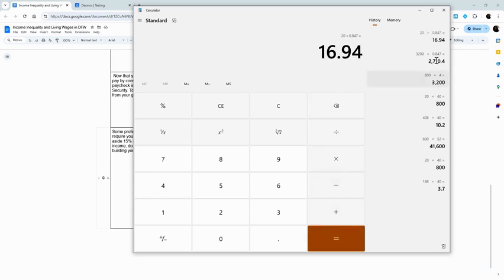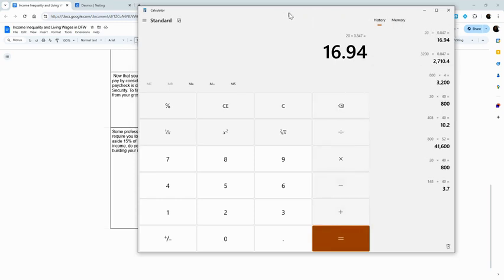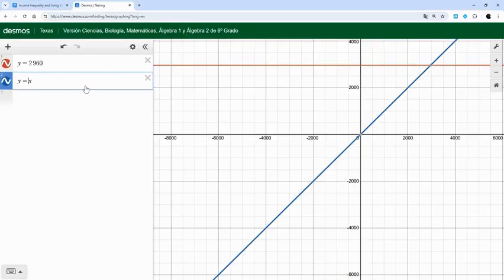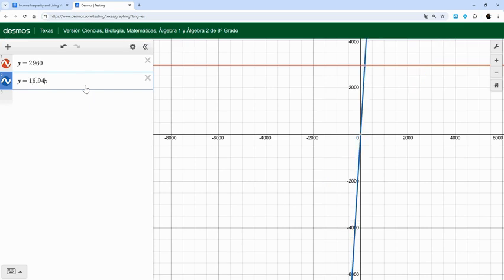And so they're actually getting paid about $16.94. And that is what they're going to put into Desmos, $16.94. And then they actually had to say that, oh, I actually had to work 174 hours to make it.